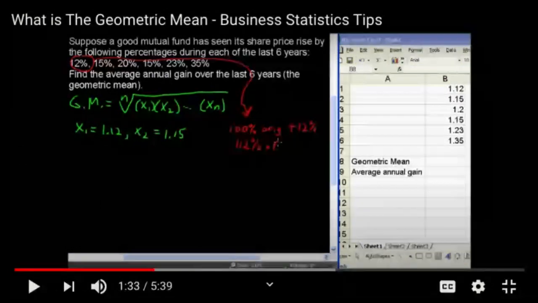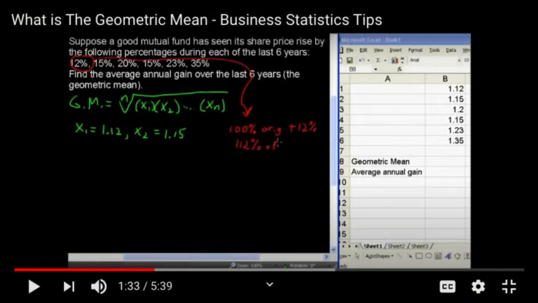Sorry, I just wanted to stop. I just had a question. Is there anybody in the class that does not have the BA2 Plus calculator, which is the financial calculator? Everybody has that calculator? Good.